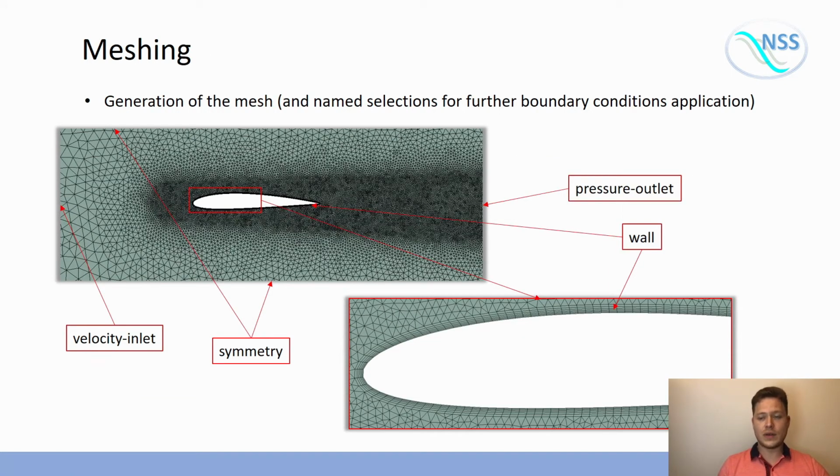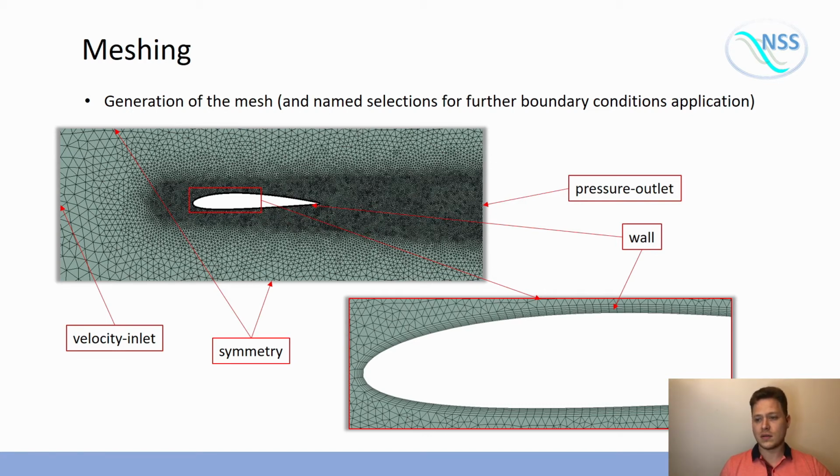After we did the geometry, we need to proceed with the meshing. With this, we also have to play with different parameters to check whether the mesh is okay. If we don't have any problems, then we can continue with prescribing the boundary conditions. For this scenario, I had the velocity inlet in the boundary conditions.